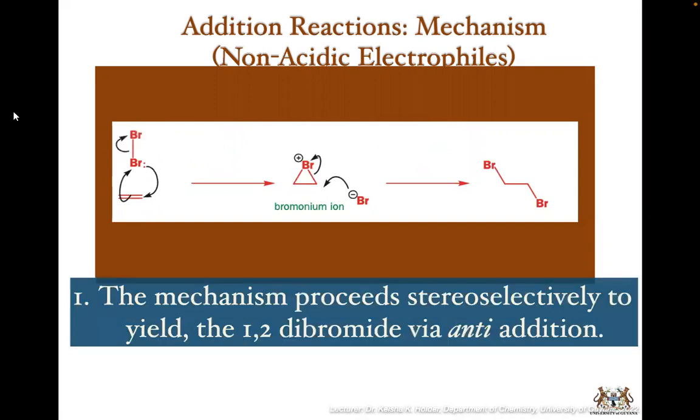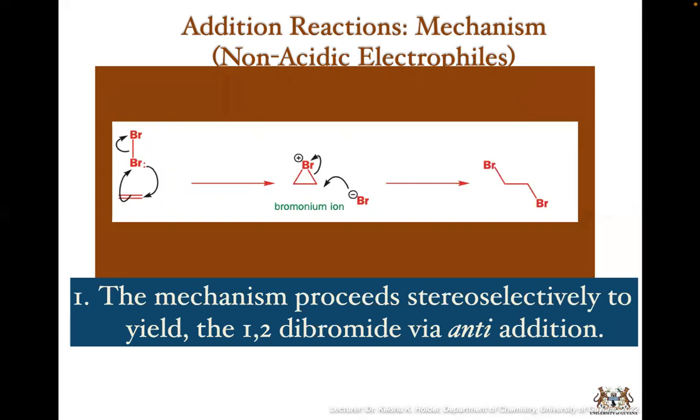So our mechanism basically proceeds in a way that is, as we can see, a two-step reaction mechanism, but it is also very stereoselective in the sense that we recognize the second step being an SN2 step, and so we know that SN2 reaction mechanisms are always stereoselective.